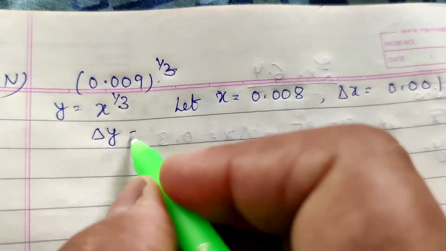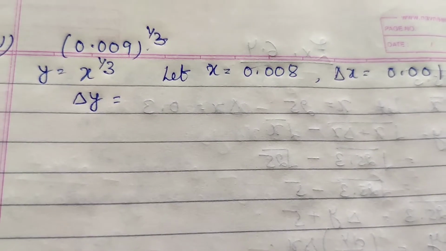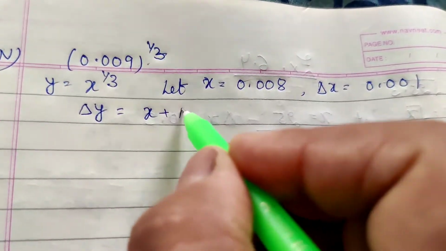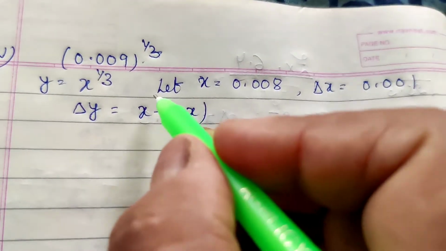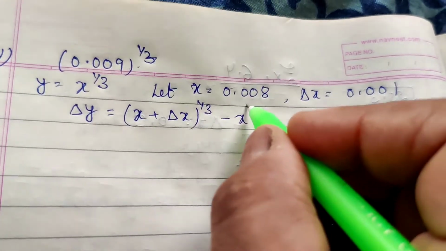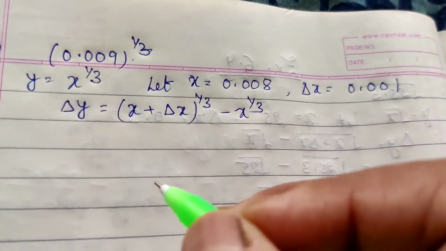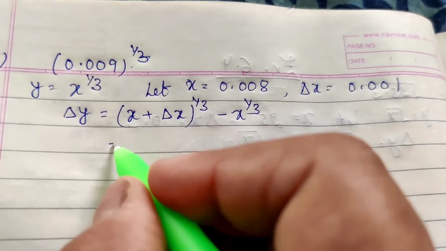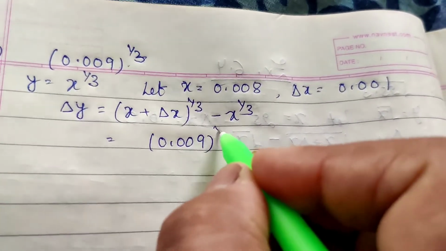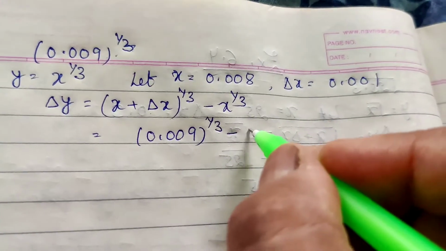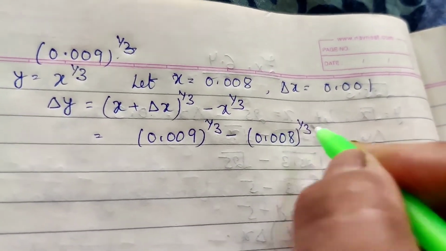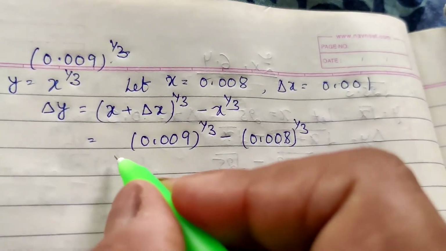Now del y equal to x plus del x raised to the power 1 by 3 minus x to the power 1 by 3. So it is equal to 0.009 raised to the power 1 by 3 minus 0.008 raised to the power 1 by 3, and 0.008 to the power 1 by 3 is equal to 0.2.